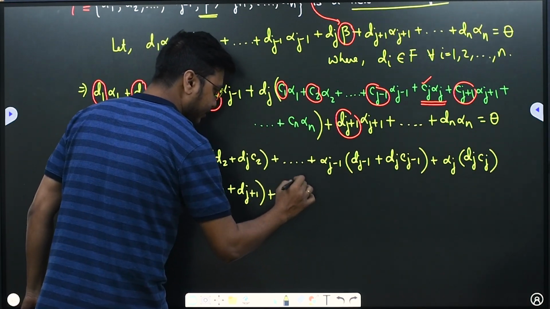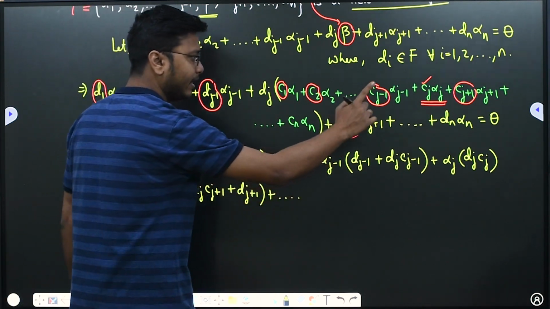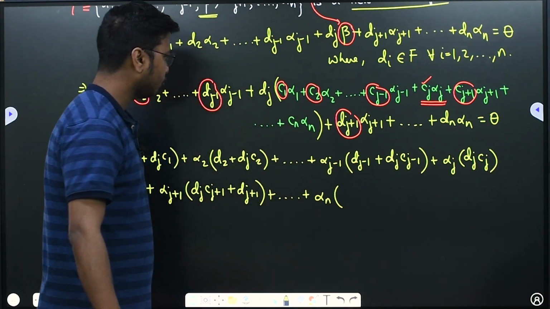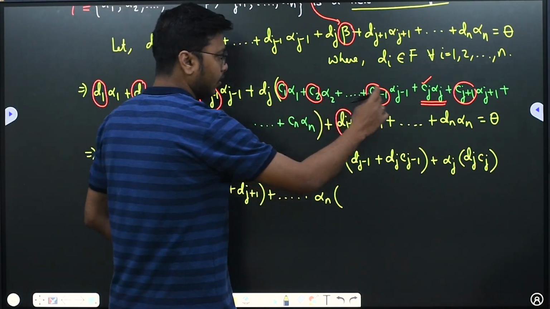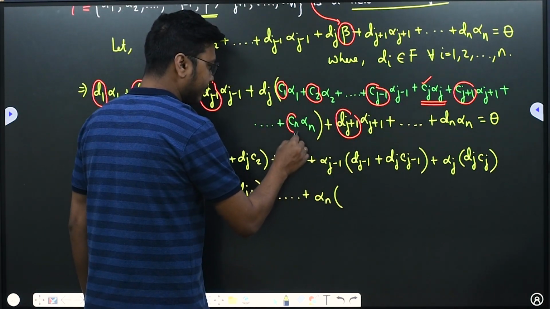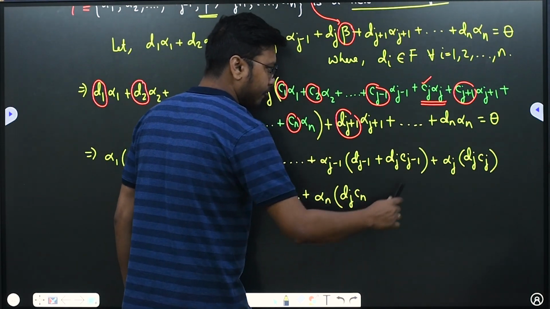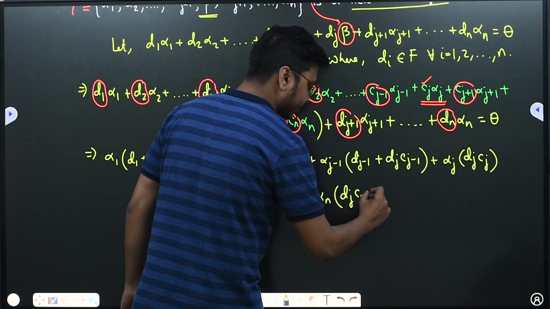And like this, the same pattern will go on until I reach alpha n. So plus alpha n, if I take common, one alpha n coefficient I'll have inside, which is dj cn, and from the outside bracket I'll have dn.